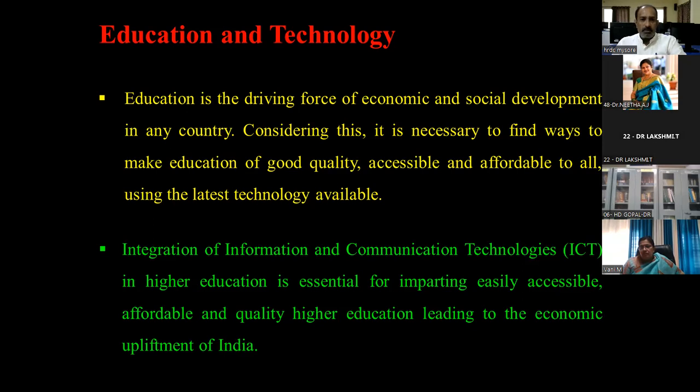So with this brief note, now let's look at the challenges before the education system in India. The first one is the teacher-student ratio. When you look at the survey, from primary school till higher education, that is post-graduation, on average there is a teacher-student ratio issue.